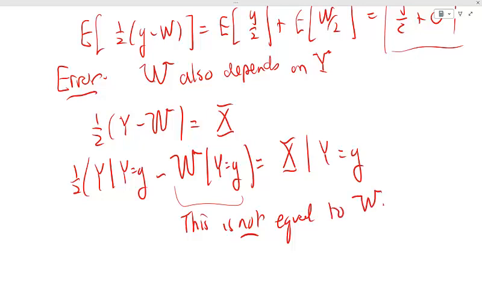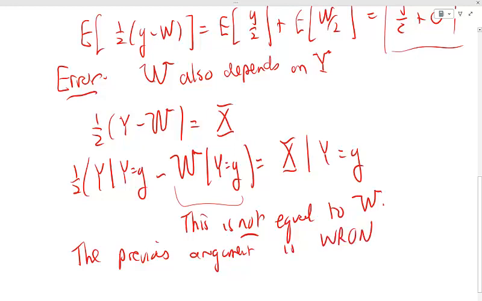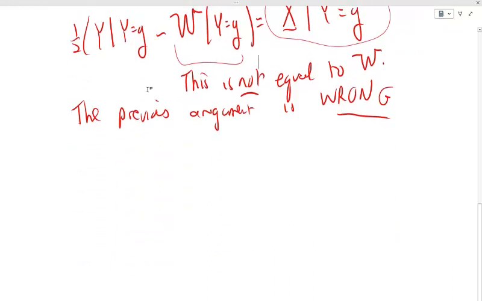That means the previous argument is wrong. Now, I could say, well, let's just compute w given y equals y, but that's just as difficult as computing x given y equals y to begin with. So let's do another, correct approach.